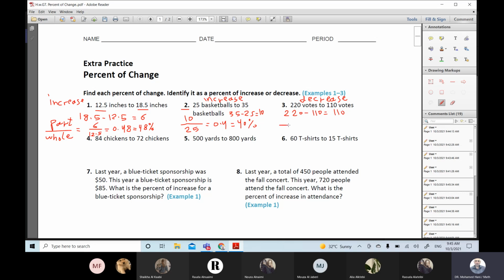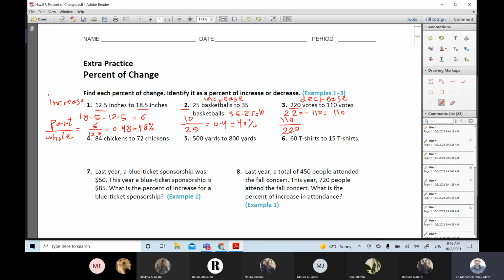Now use the rule. The part will be 110 divided by the whole. Who can tell me what is the whole number here? The original amount, the basic amount, 220. 220, always the basic amount.